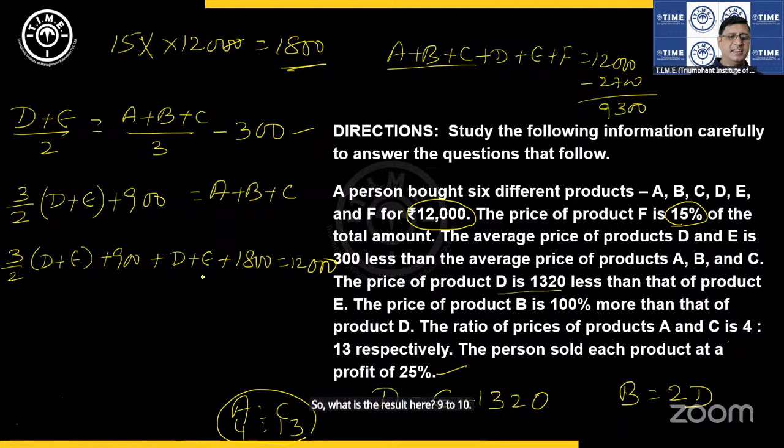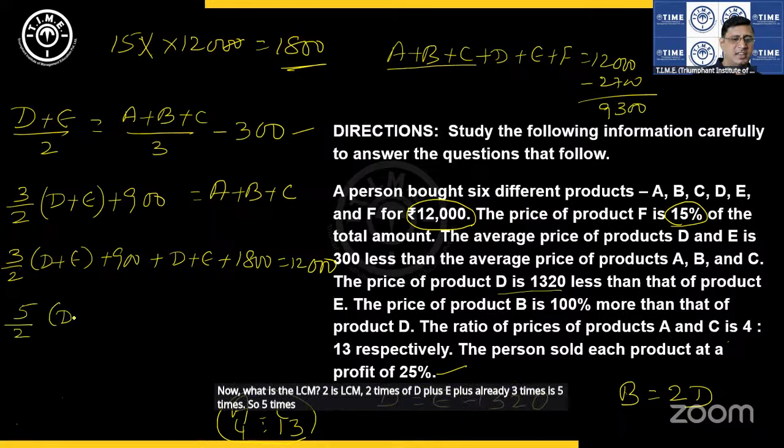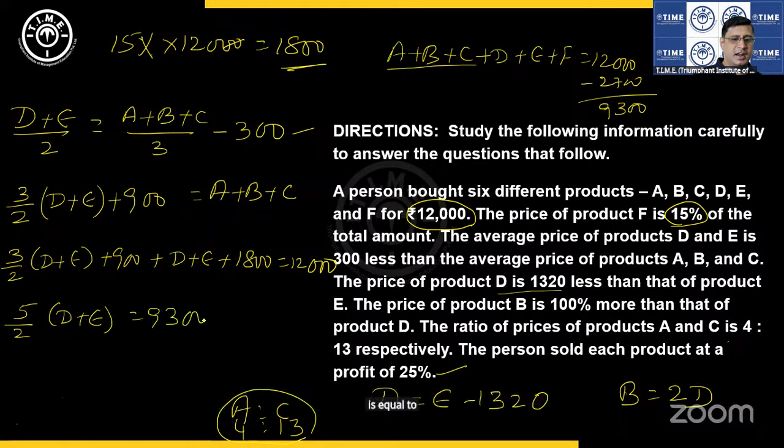Now what is the LCM? 2 is the LCM. 2 times of (D plus E), plus already 3 times, means 5 times. So 5 times of (D plus E) is equal to 9,300. 5 into how many times? 18 times, 90, and 6 times, 0.